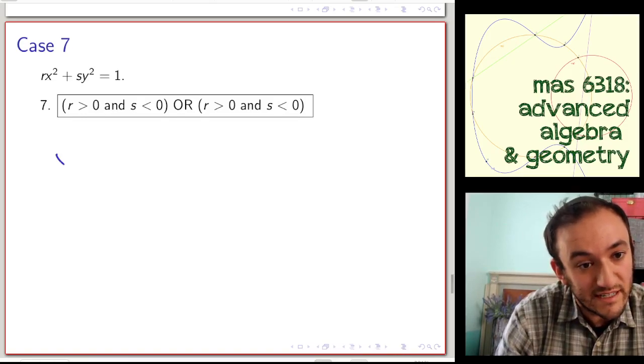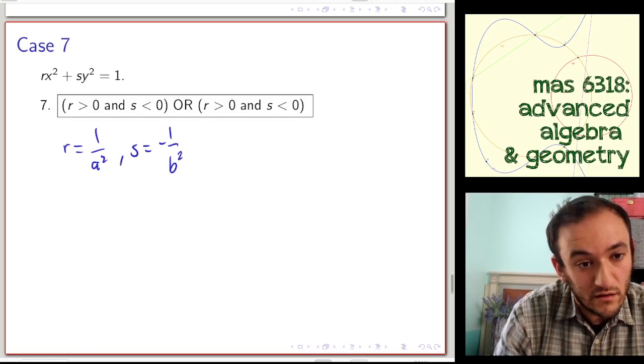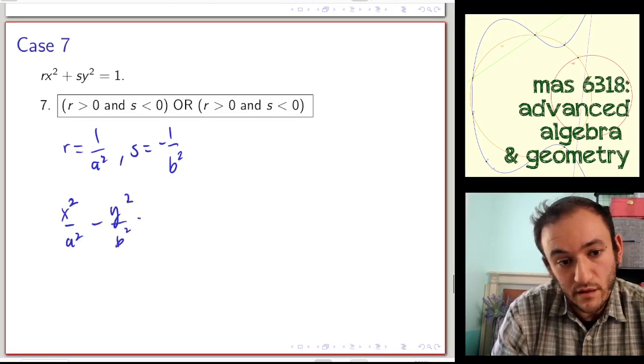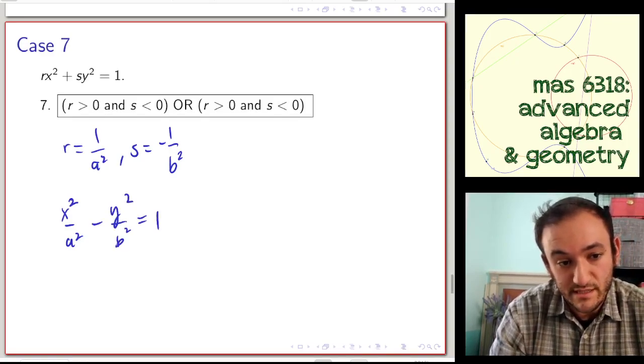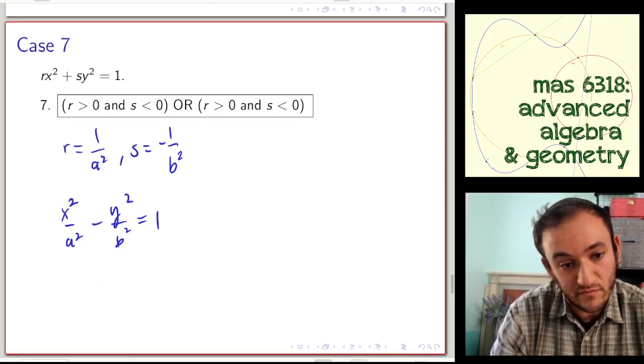for example, if we let r equals 1 over a squared and s equals minus 1 over b squared, we have x squared over a squared minus y squared over b squared equals 1, which is a hyperbola.